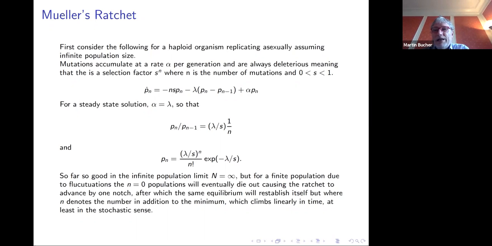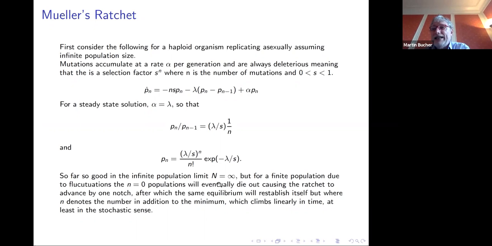Okay, so nothing particularly bad happens in the case where the population is infinite, but let's consider finite population size effects. This is like the measles situation that we discussed earlier.